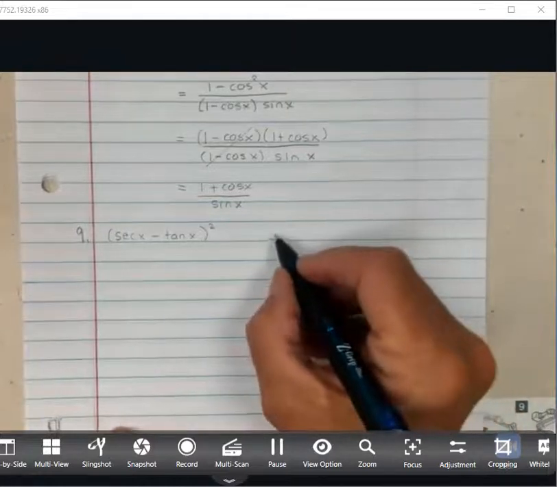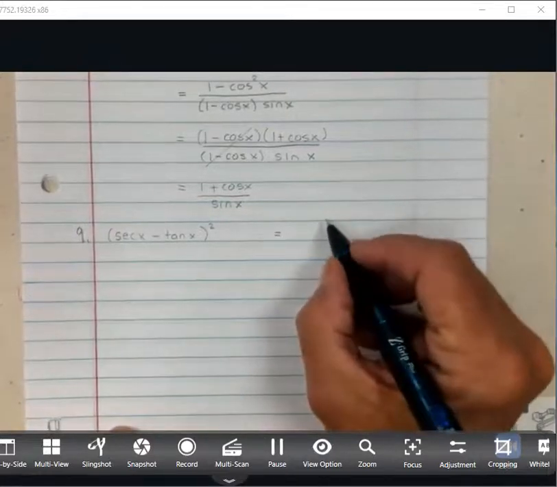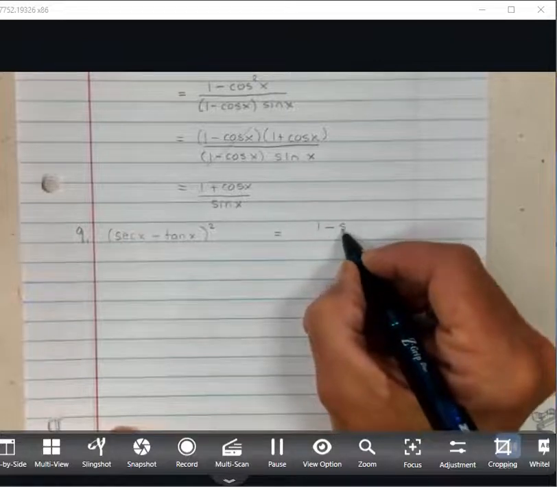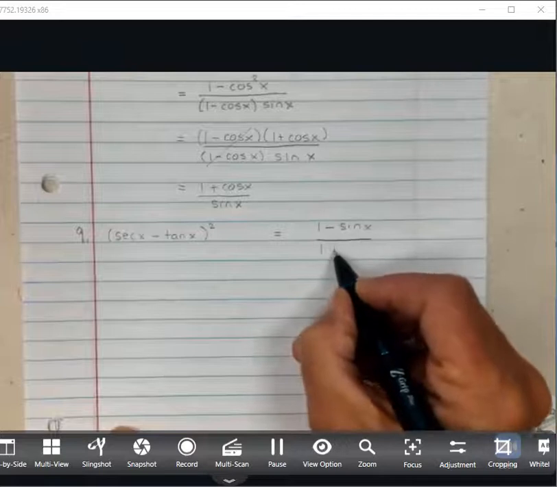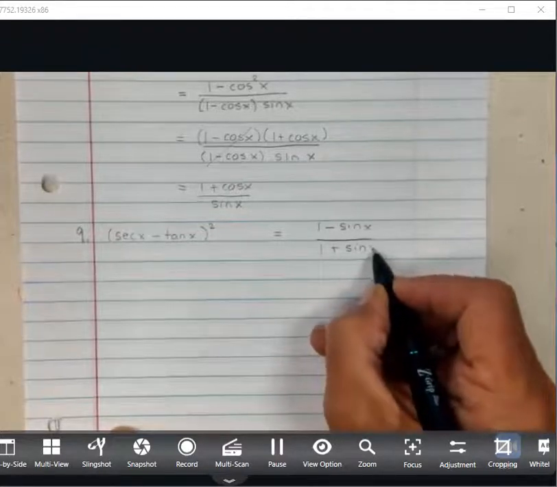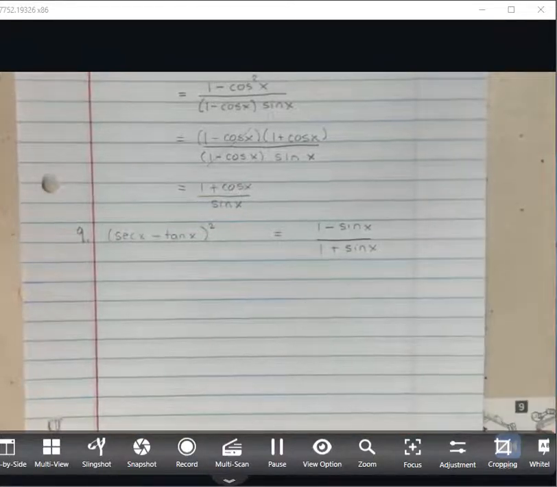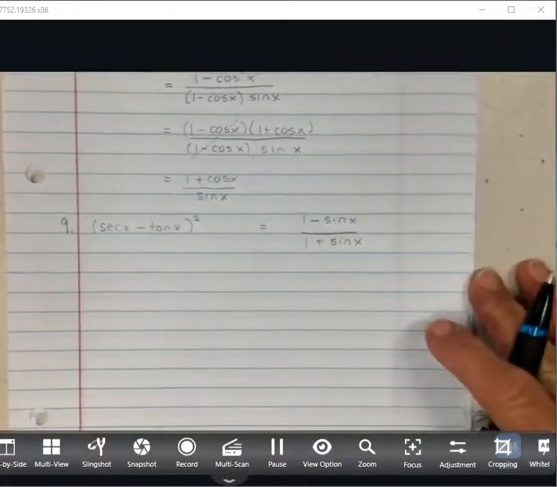And that, my dear friends, can be rewritten as 1 minus the sine of x divided by 1 plus the sine of x. That looks like somebody just made something up. That doesn't look true to me at all. But it is.